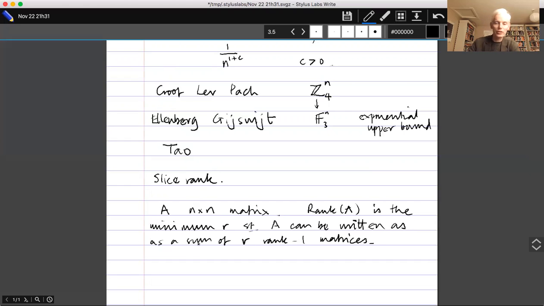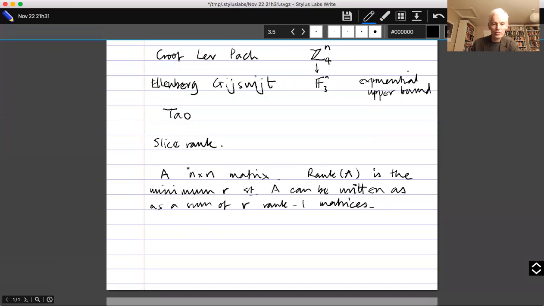And what's a rank 1 matrix? One thing I quite like to do is think of n by n matrices as just functions of two variables where each variable ranges over a set of size n. So let's just write A(x,y). What we're saying is that it's the smallest r such that we can write A(x,y) in the following form: the sum for i equals 1 to r of u_i(x) v_i(y).